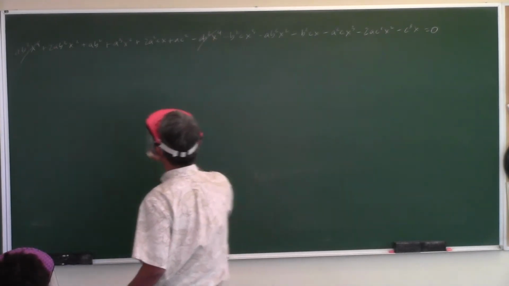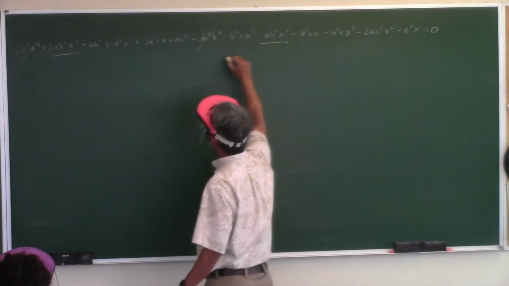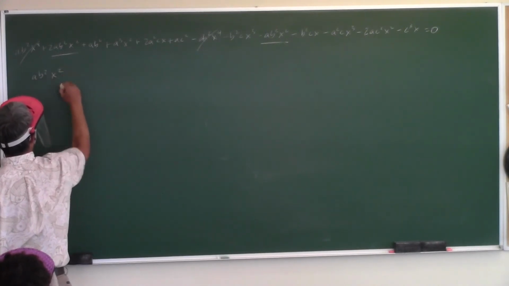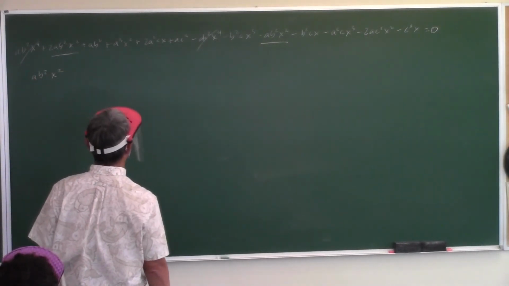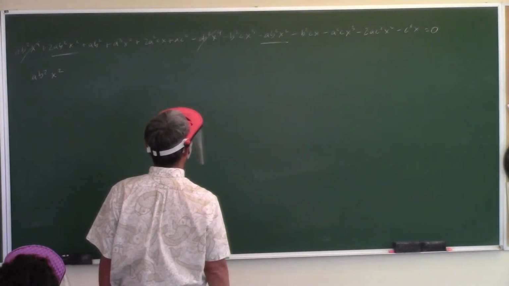You're talking about this and that? Yeah. So that's the only one, ab squared x squared? That's the only thing? Yeah.